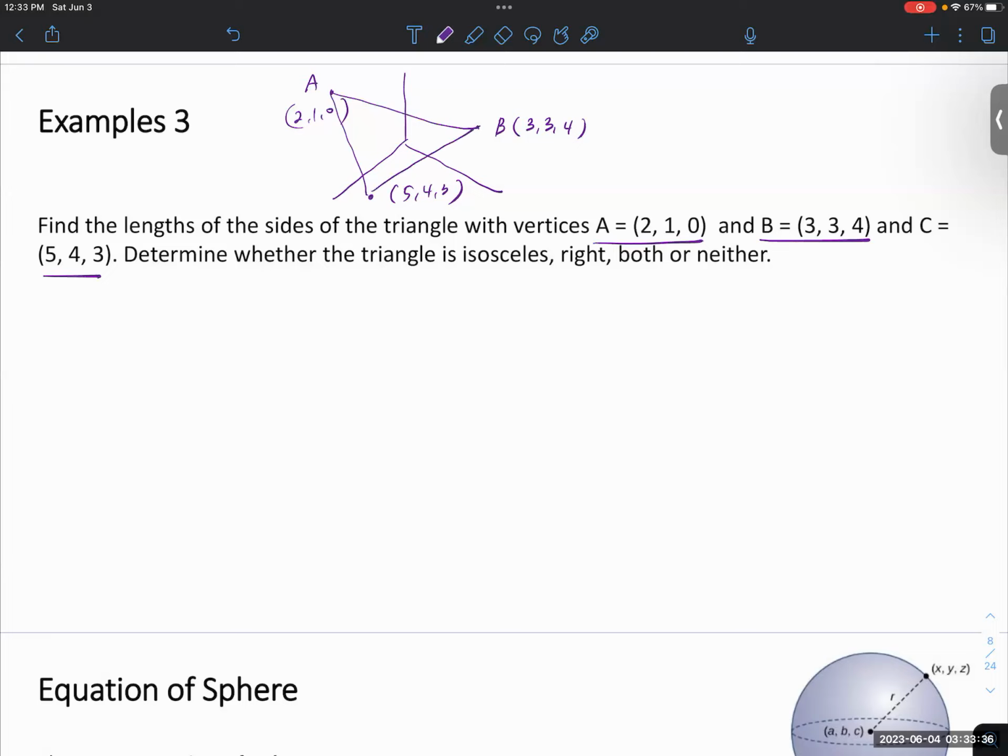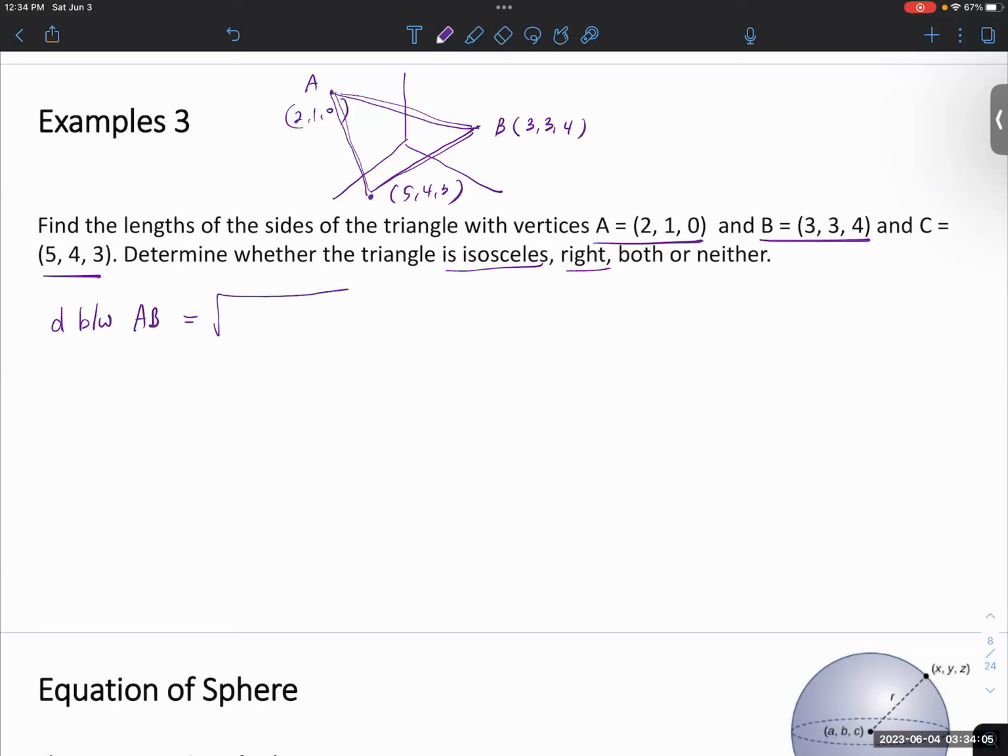When you find out the distance of each length, they want to see whether it is an isosceles triangle, right triangle, or nothing. So let's do this work. We're going to find out all the distances. So let's find the distance between A and B. So how are we going to do it?